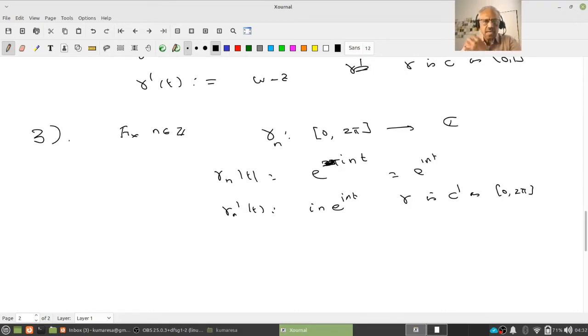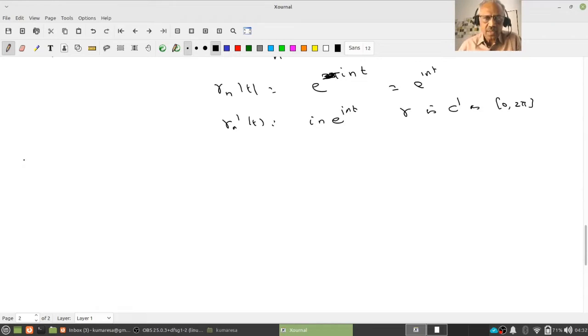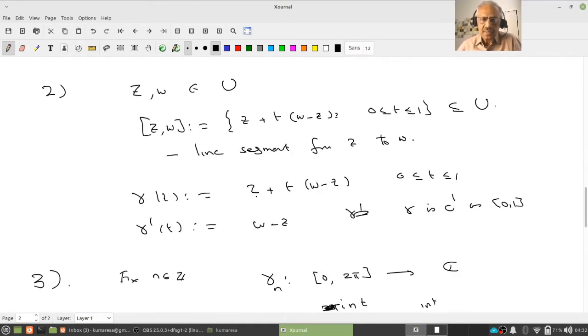Okay. Now is the time we have to explain something very interesting. What we want to say is, remember, when I say it's a path, it's a map. Even though geometrically I may think of this: for example, this is my U, and I take these two points Z and W. This may not be there, but suppose my Z and W are here, then this is a line segment.